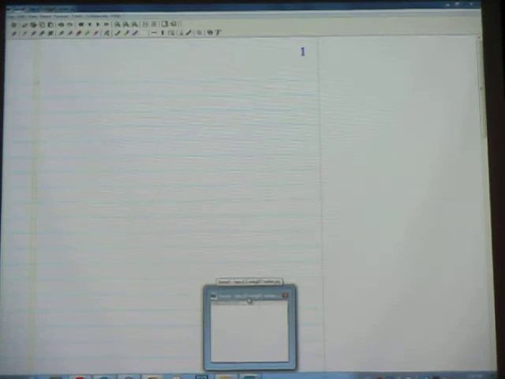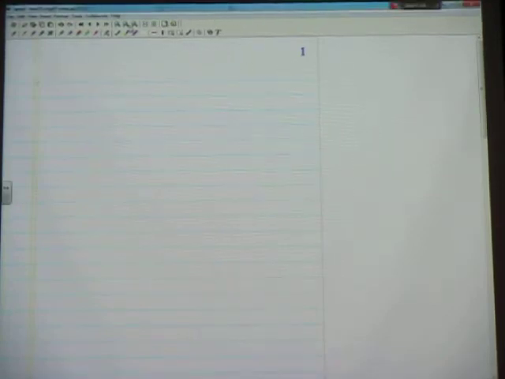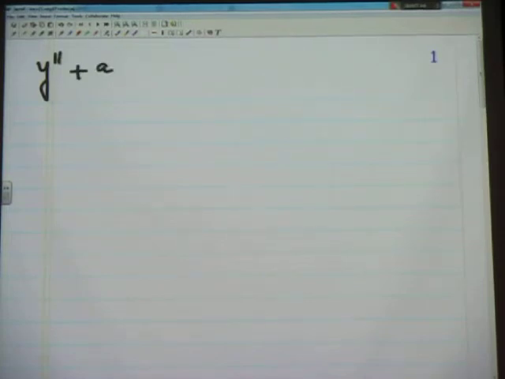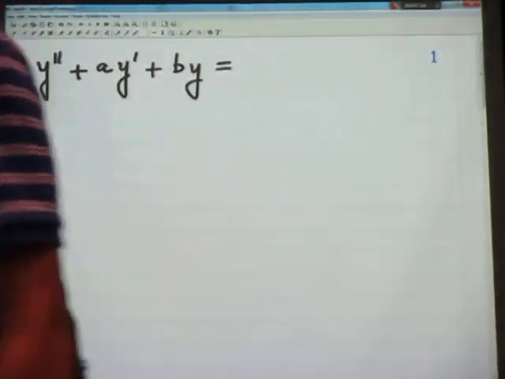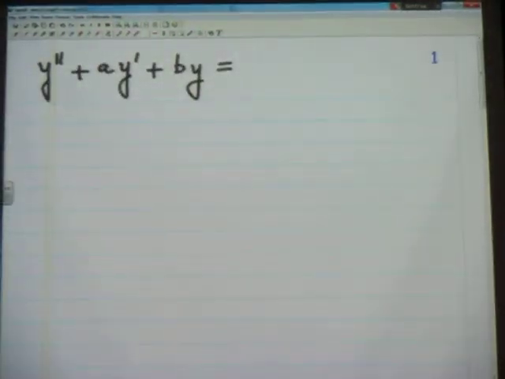So suppose that you have this linear second order ODE, and it is excited, and A and B are some coefficients that you can find, right?